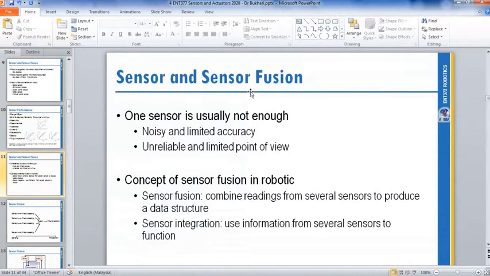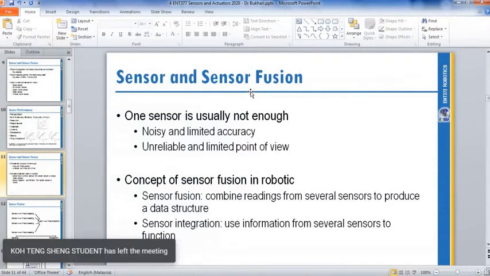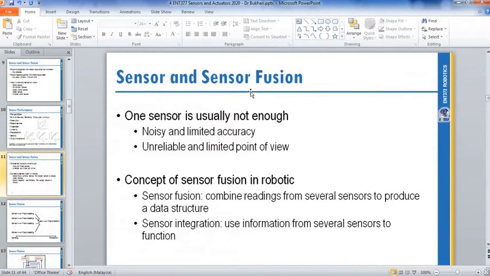Then the third one, they want a tactile sensor or touch sensor on the robot, because if both sensors, sonar and obstacle or lighting sensor, fail, you have a last safety sensor, which is the touch sensor or tactile sensor. That means if both sensors fail, you have a last sensor to stop the robot.